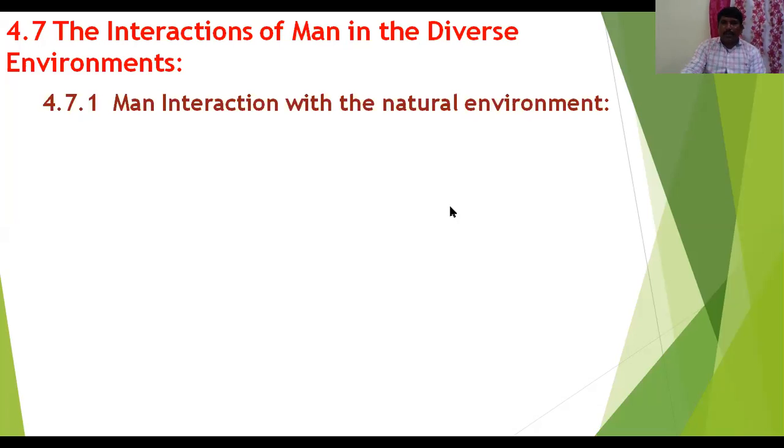Such reactions may be of benefit to these environmental components. They may also be detrimental to them. It is such reactions that constitute the role of man as an anthropogenic factor in the ecological environment.